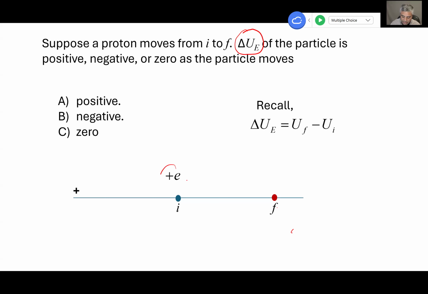This is a positive charge. Probably you can tell which way it moves. Oh, it tells you actually it's moving this way. Even if it did not tell, we can tell it would move that way because it's getting pushed by that positive charge. So what do you think?